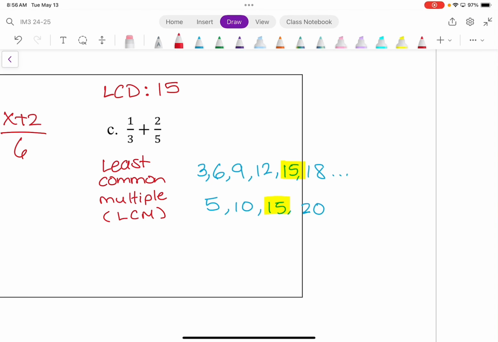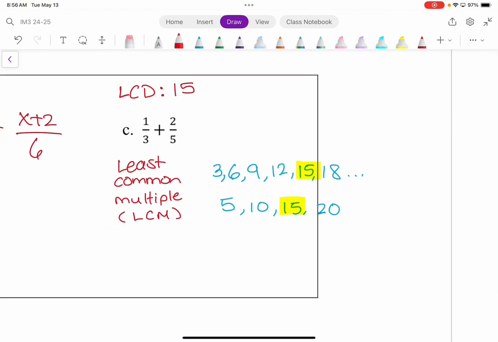And since you're multiplying the top as well, it's going to give you an equivalent fraction. So let's talk about 1 over 3. What am I supposed to multiply 3 by to get 15? By 5. So I have 1 over 3 times 5 over 5 plus 2 over 5. What am I going to multiply 5 by to get 15?